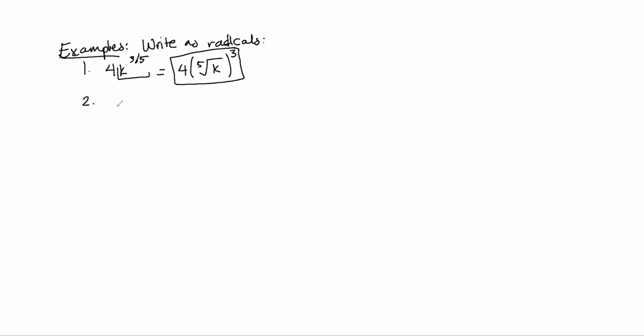Number 2, we're given 5x to the 3/5 minus 2x in parentheses to the 3/4. Okay, so again, first thing we want to do is write these as radicals. So we have 2 different parts here, and we're going to treat them as their own terms because they are.